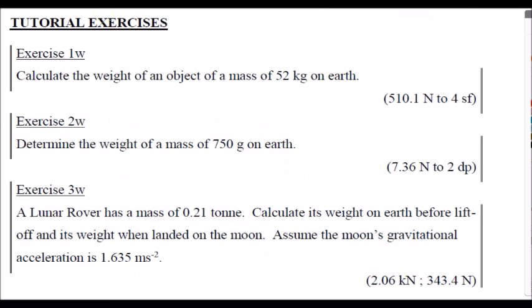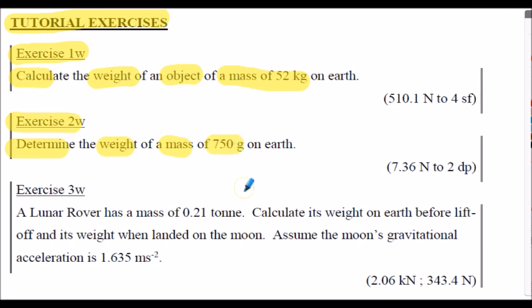Here are a few tutorial exercises for you to undertake, very similar to that of the example. Exercise 1, we have to calculate the weight on Earth of an object having a mass of 52 kilograms. Exercise 2, we've got to determine the weight on Earth of a mass of 750 grams. And exercise 3, a lunar rover has a mass of 0.21 ton.